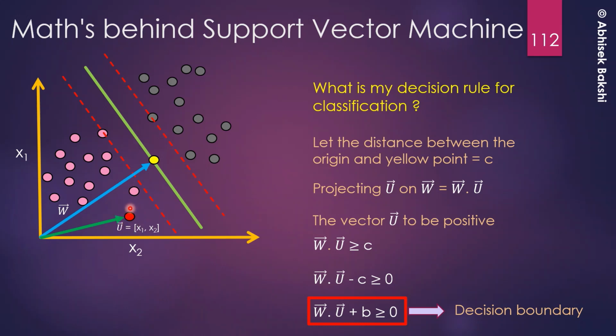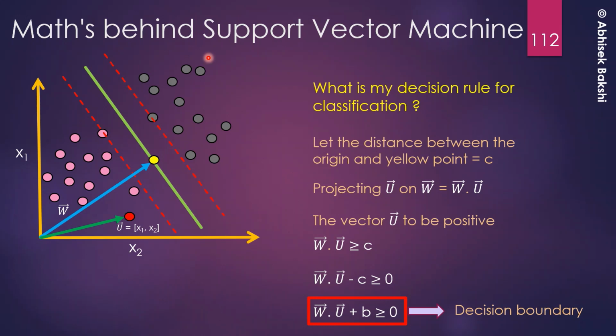And if this point is somewhere here, when you project this u vector on top of w, you will see that it will be greater than or equal to 0. So naturally, the point will be on this side.